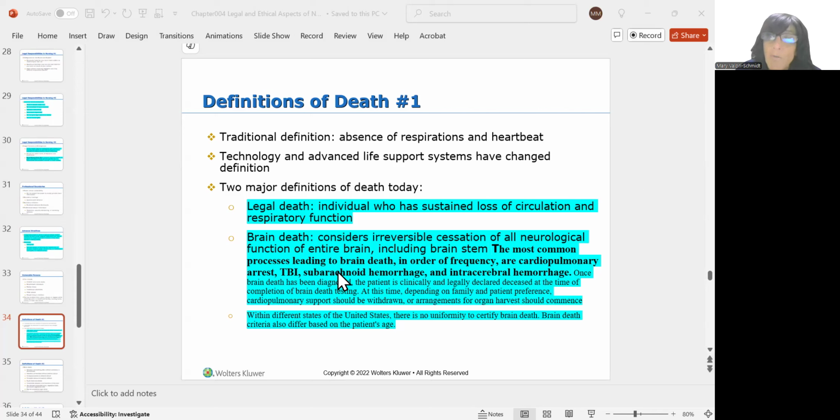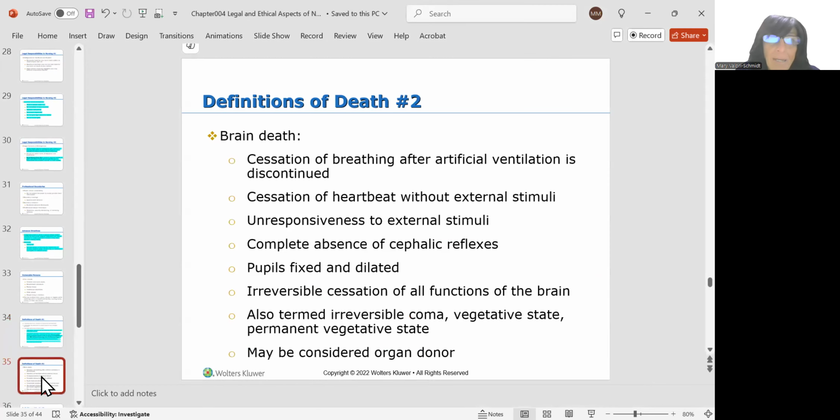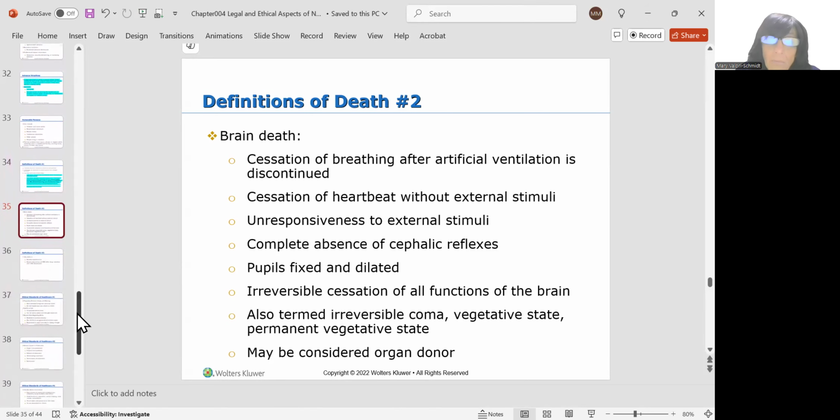There's a lot of controversy surrounding this. That would be a conversation in and of itself that we will have in class. This gives you some of the criteria, what has to be going on with the patient to determine brain death. All cranial nerves are unresponsive to cephalic reflexes.